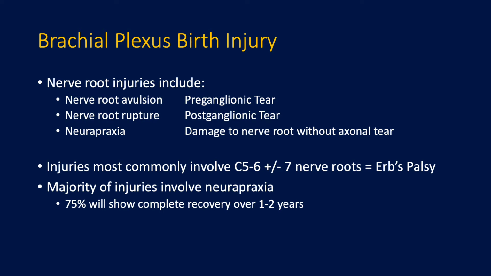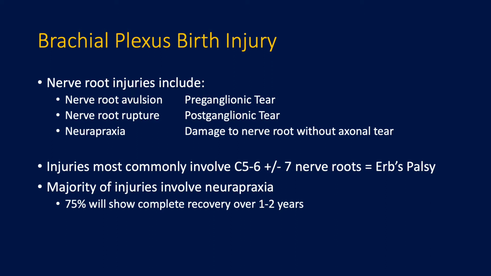The injuries that can occur at the time of a brachial plexus birth injury include a complete avulsion of the nerve root from the spinal cord, this being a preganglionic tear, or a postganglionic nerve root rupture or partial tear, which results during healing in a neuroma, or neuropraxia, which is damage to or stretching of a nerve root without axonal tear.